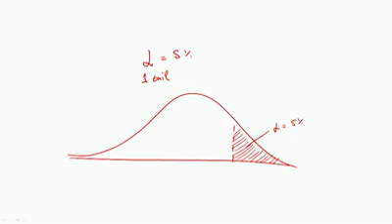Now, what is the p-value? The p-value is the probability to the right of the computed value. So if this is my computed value, the probability to the right of the computed value is my p-value.